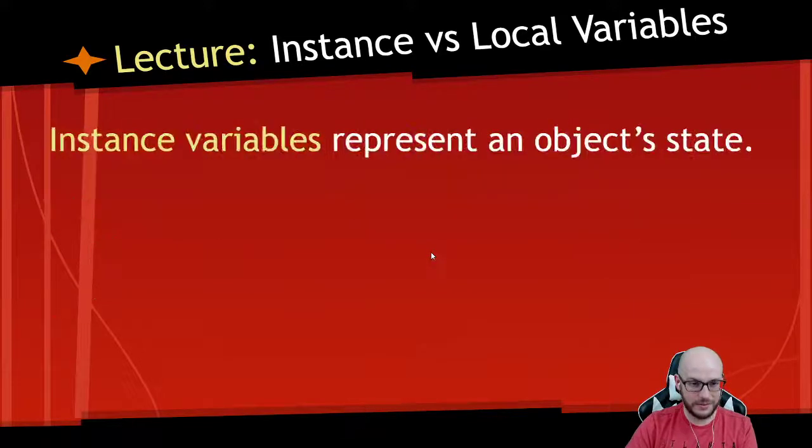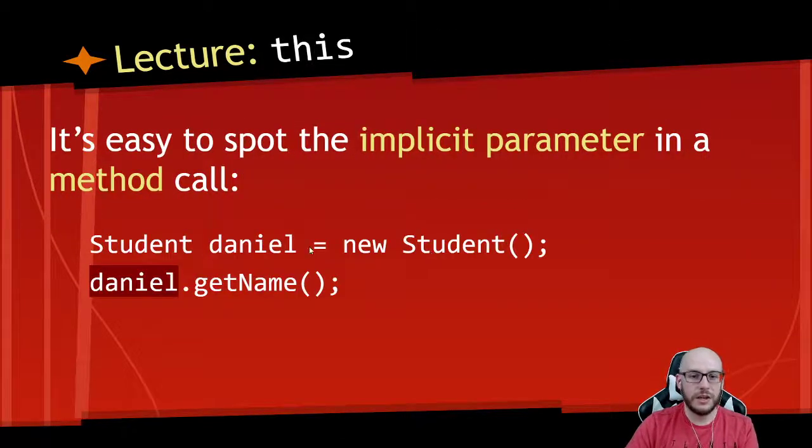Let's go back. Here, I'm making a student object, and then I'm using that student object to call the method, right? This is an implicit parameter. It's an object. In the case of Math.pow, I never make a Math object. This never happens.